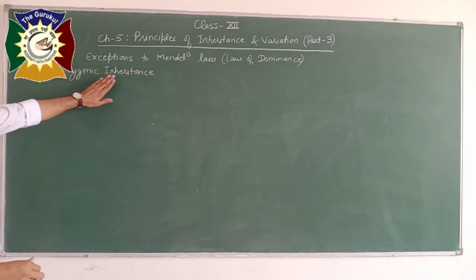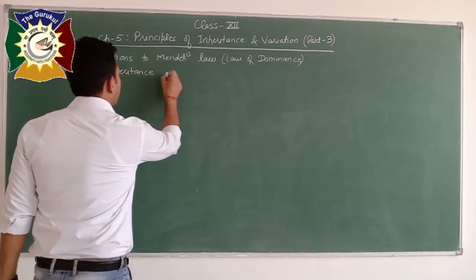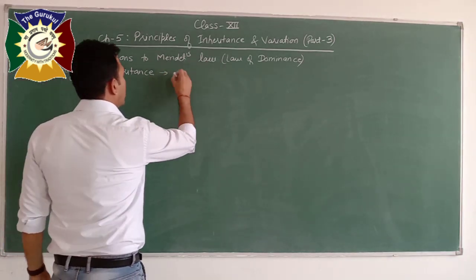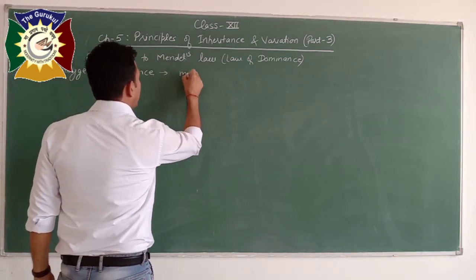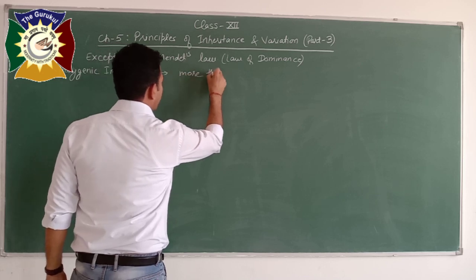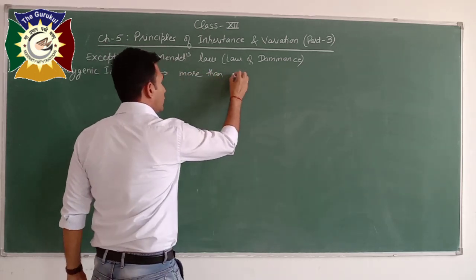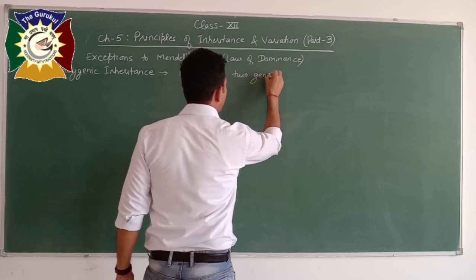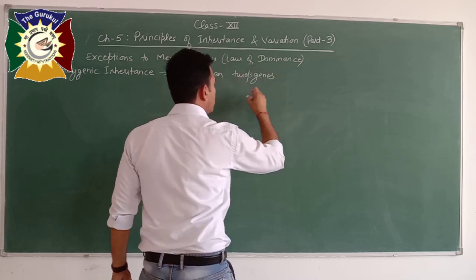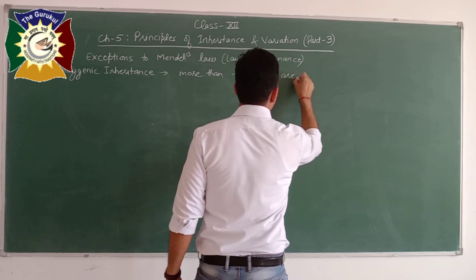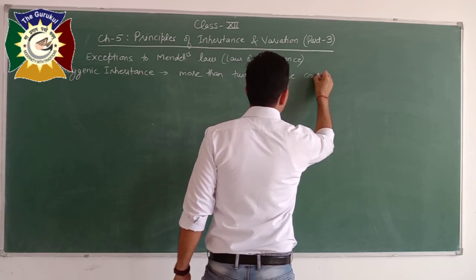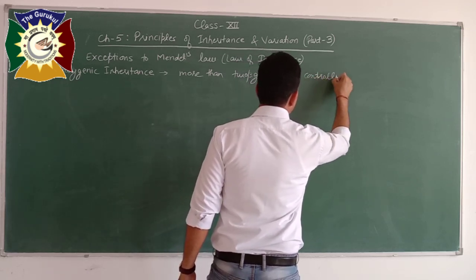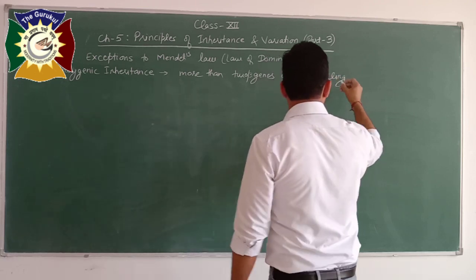So in case of polygenic inheritance, more than 2 genes, 2 or 3 genes, are controlling a character.